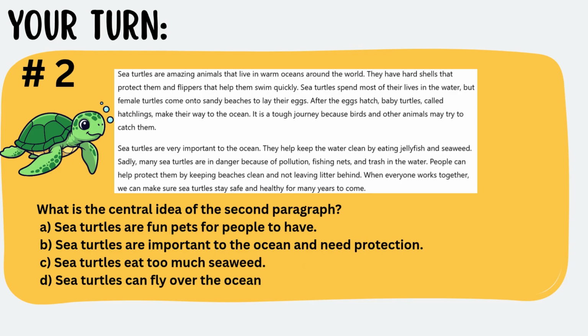All right, question number 2. What is the central idea of the second paragraph? So again, the same text, pause the video, look at the different choices, look at what is the topic. Then look at what the point is that the author is trying to make. And those two together will make the central idea.